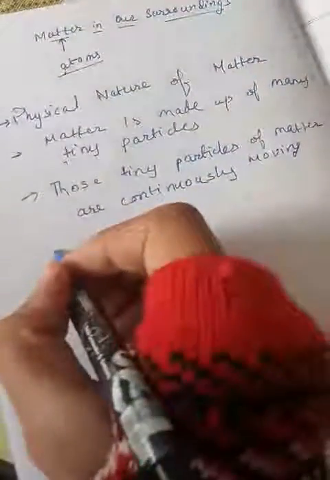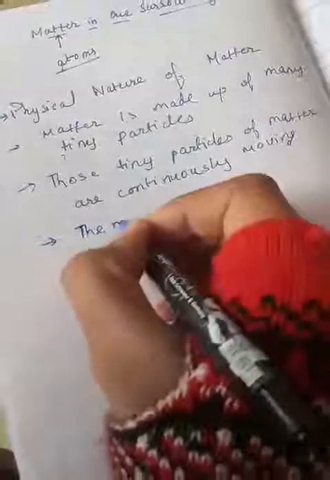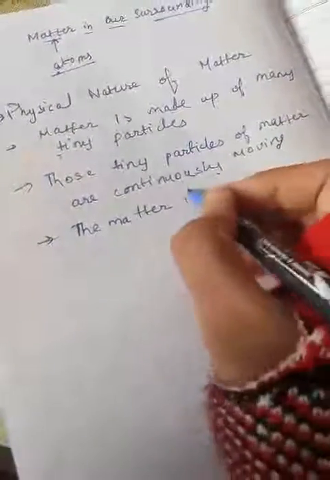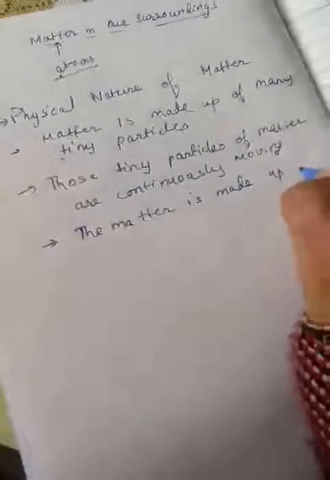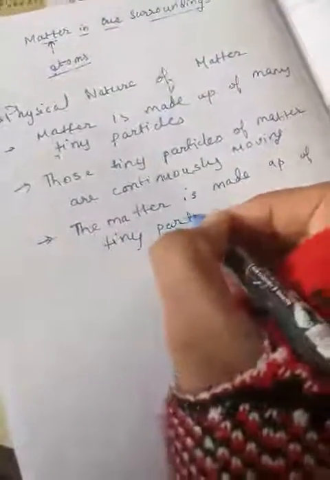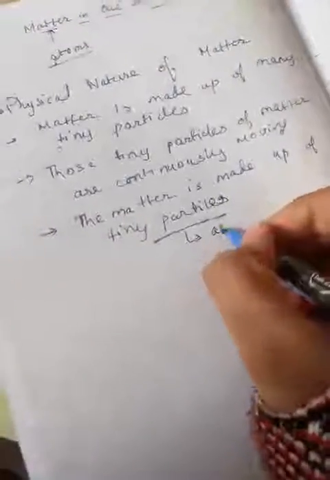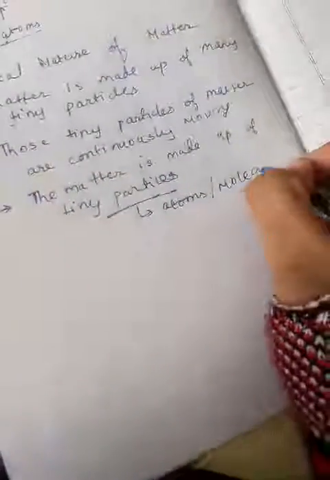And the third one is that matter is made up of tiny particles. Those tiny particles are atoms or molecules.